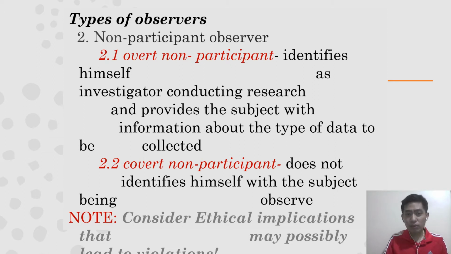The covert non-participant does not identify himself with the subject being observed. Please take note to consider ethical implications that might possibly lead to a violation. In covert non-participant, it is more of a bystander point of view. However, it violates the confidentiality and anonymity of your subjects.